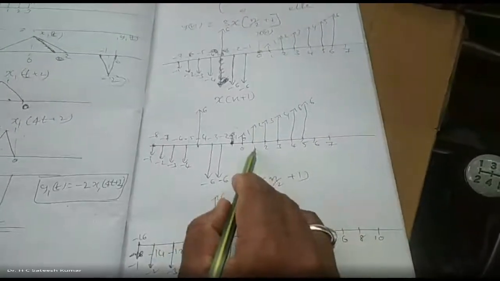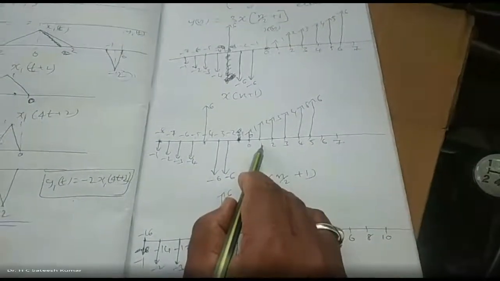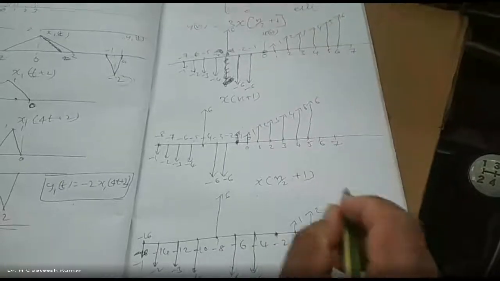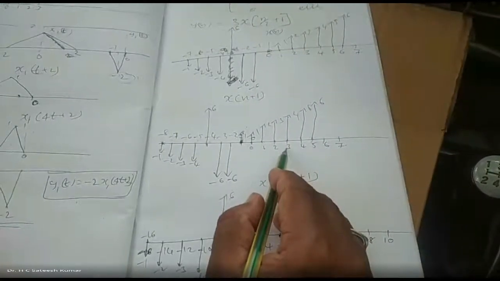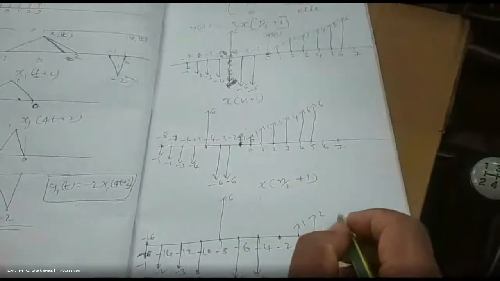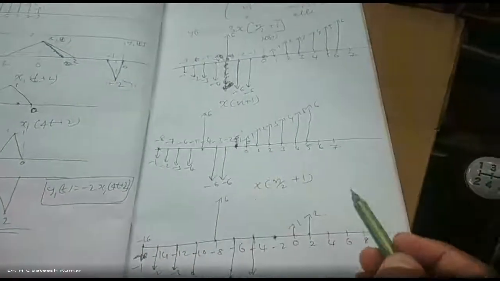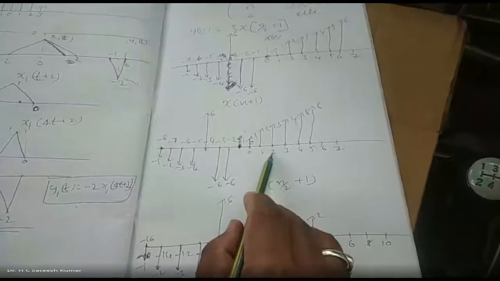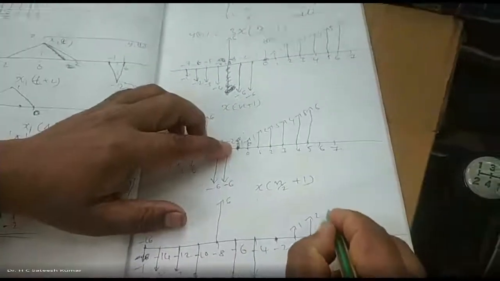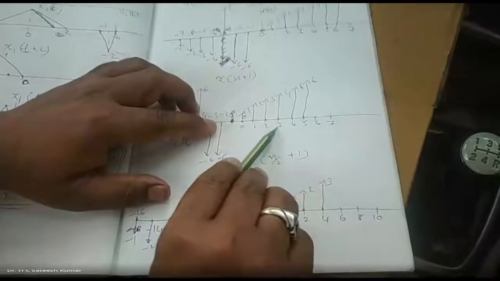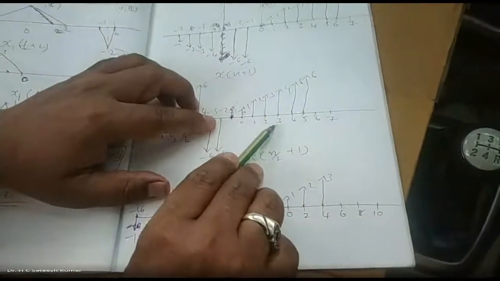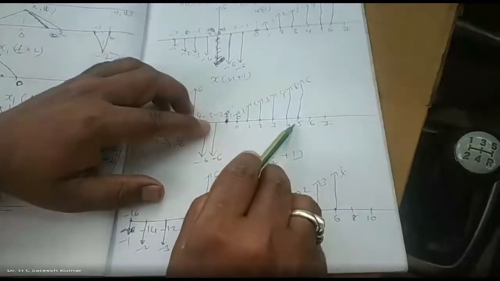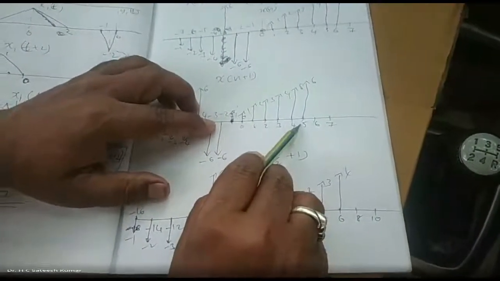N by 2 is equal to 1, n is equal to 2. At 2 its value is 2. N by 2 is equal to 3, n is equal to 6. At 6 its value is 4. N by 2 is equal to 2, n is equal to 4. At 4 its value is 3. N by 2 is equal to 5, n is equal to 10.